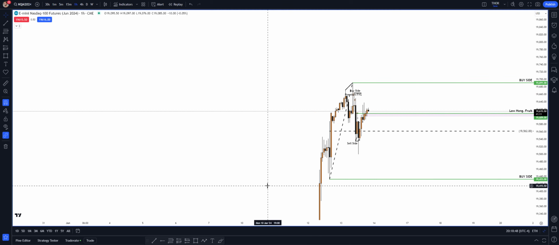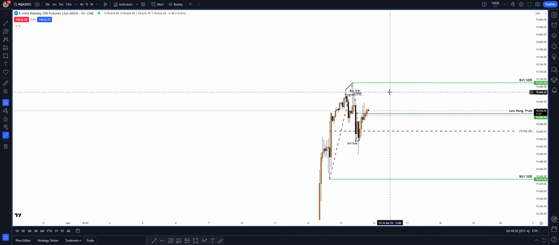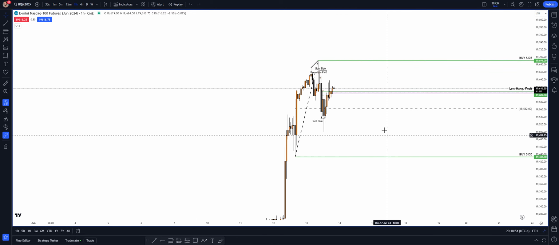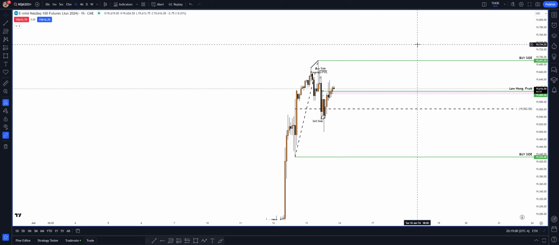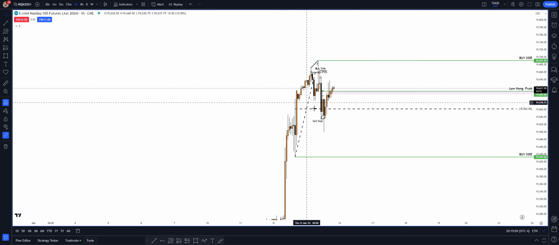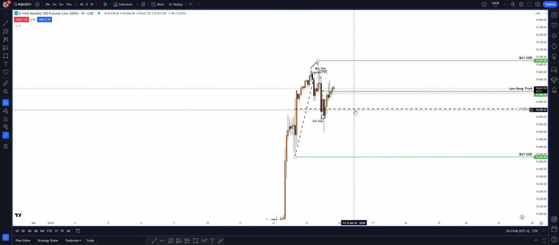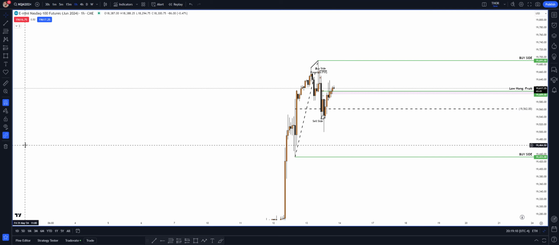So be mindful. Range EQ bounce. It could fail and go deeper, but as long as it stays bullish on the lower time frame, 691 is what we're looking at. That should be the draw on liquidity for this, the one setup for life for the 1 hour chart, guys, 1 hour time frame.